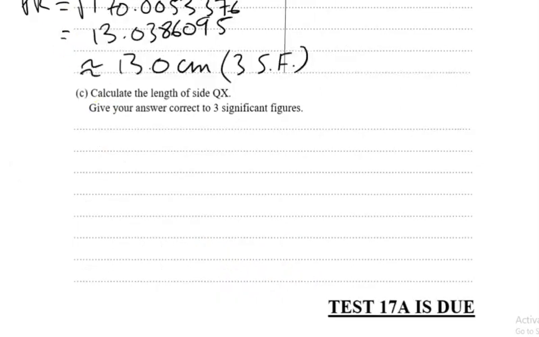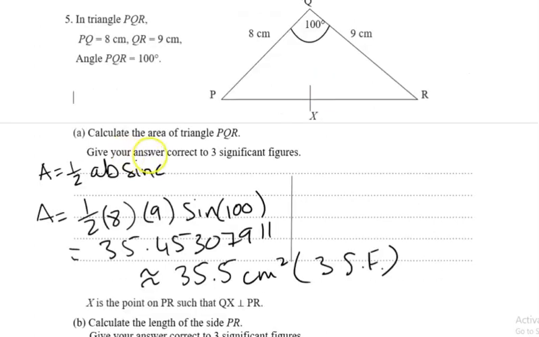Question C. Calculate the length of QX. Give your answer to 3SF. So QX is this line here. Now if you look at this sentence, X is a point on PR such that QX is perpendicular to PR. So if it's perpendicular, that means that this is a right angle. So this is a vertical height.